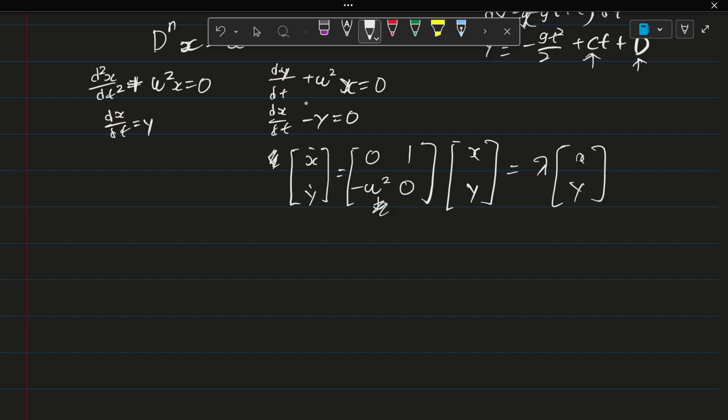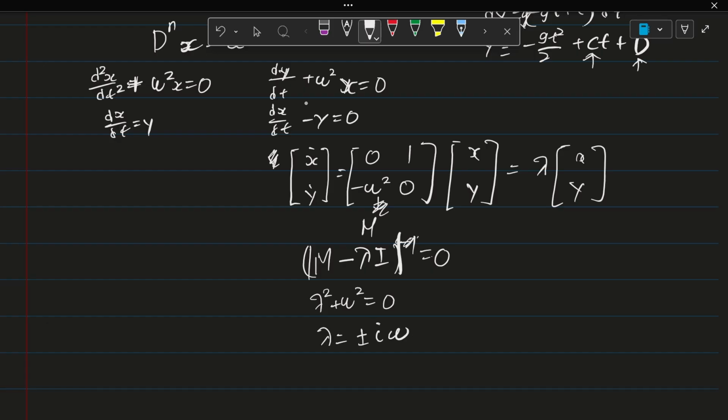So you do the eigenvalue problem, and this would solve into lambda squared plus omega squared equals 0. There we go. And so this would solve into your lambda to be plus or minus i omega.